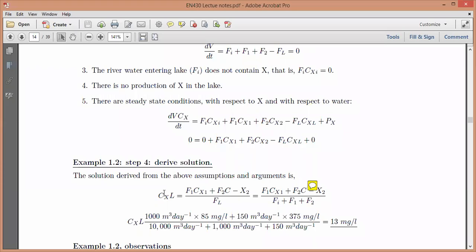Okay. So the question is asking us to find the concentration of pollutant X in the lake, isn't it? But then we have picked the concentration of pollutant X on the outlet. Why? Because based on what we covered last time, we gave an example.